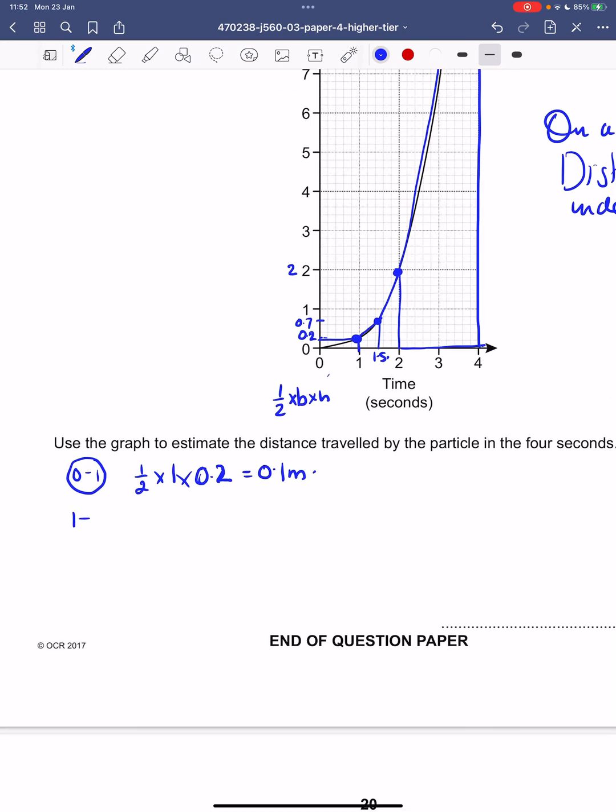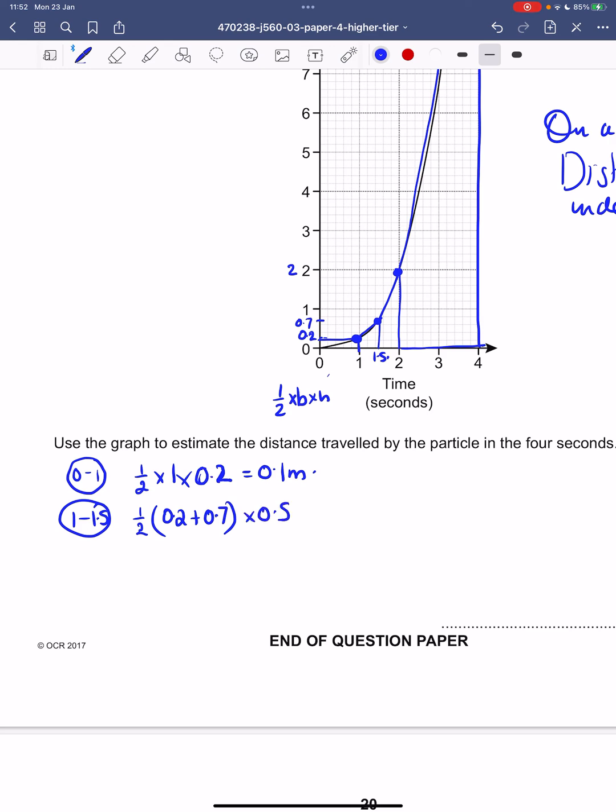Between 1 and 1.5, so it's a half. Now this is a trapezium, so it's half the sum of the parallel sides times the distance between them. Half of 0.2 plus 0.7 times the distance between them.